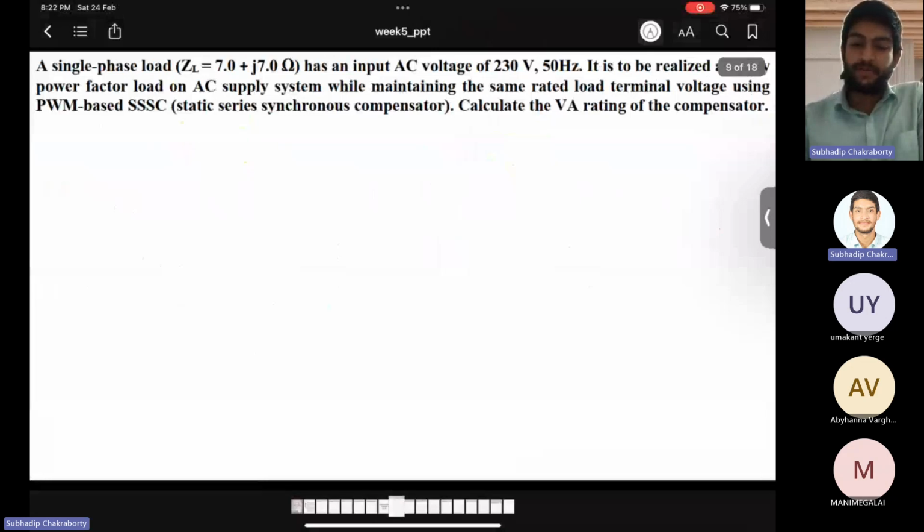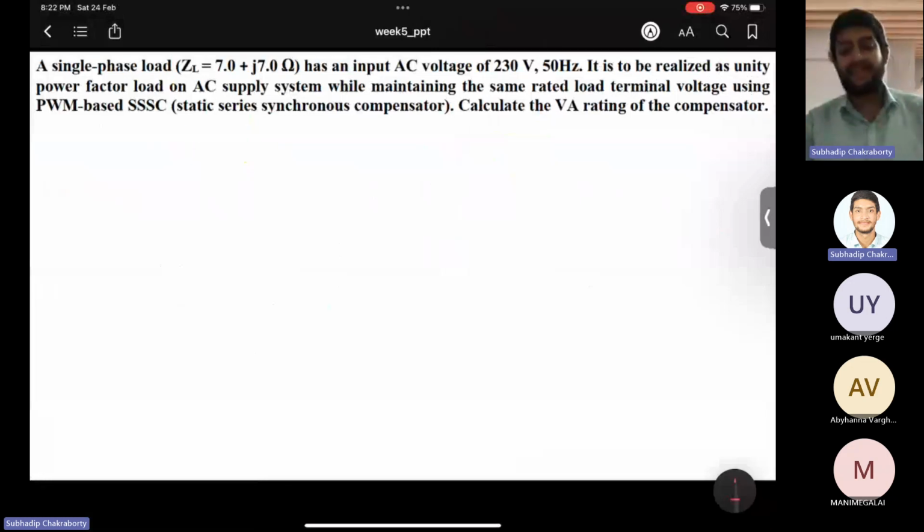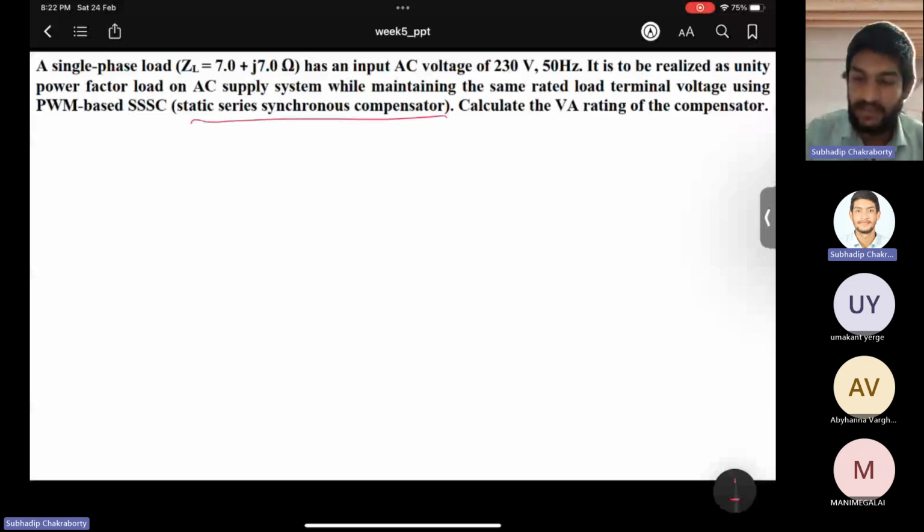So try the first problem. It is a basic static series synchronous compensator, like the series compensator only. No UPQC, no shunt is there; only the series is there. It is just a supply, a 230 volt single phase supply, 50 hertz, and you have this device connected here.